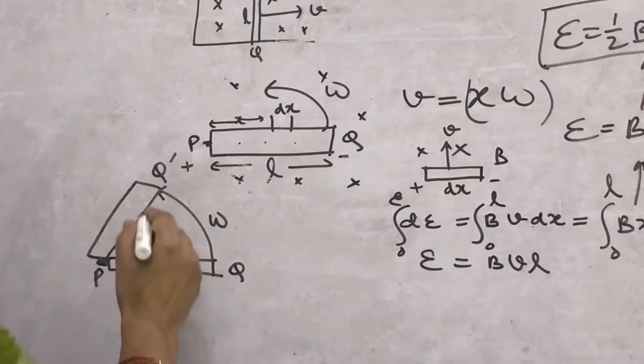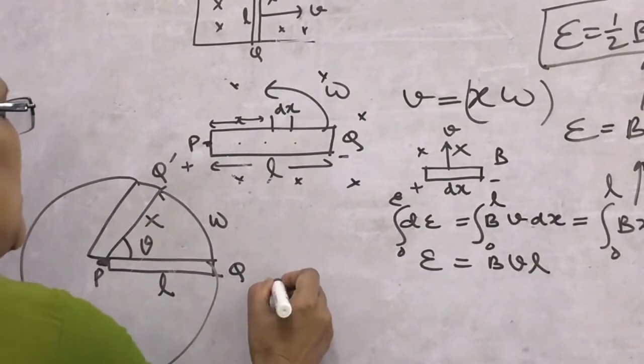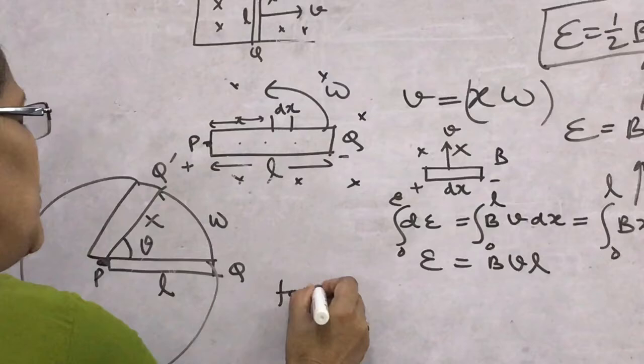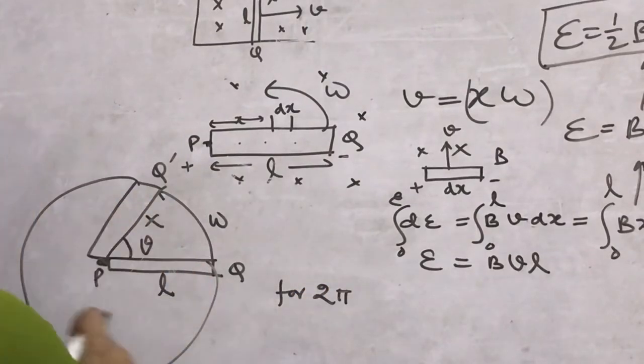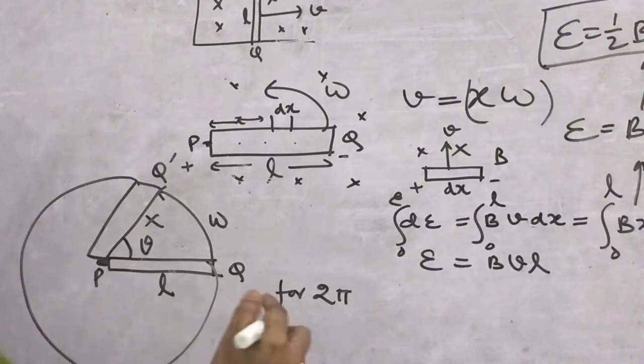If the rod covers the complete round, it will form a circle. Then what will be the area for 2 pi radian? You know, what is the total angle? 2 pi radian at the center in the circle.